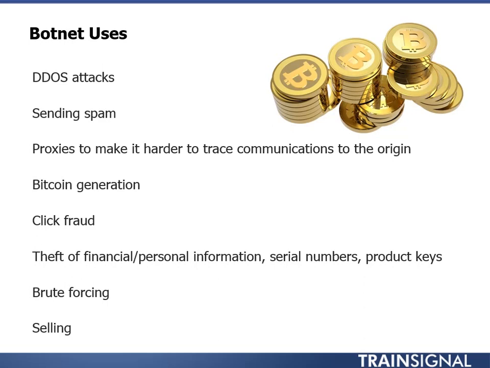Another way botnets can make money is click fraud. I mentioned earlier how adware manufacturers use different pay-per-click advertising services to monetize the adware. Well, this can happen with botnets too. Different ad groups, for example, Google Ads, watch for fraud really carefully because they'll pay for each time somebody clicks an ad. So, of course, they don't want somebody just sitting at their house and clicking an ad over and over again to make a bunch of money, right? In theory, you could do that.